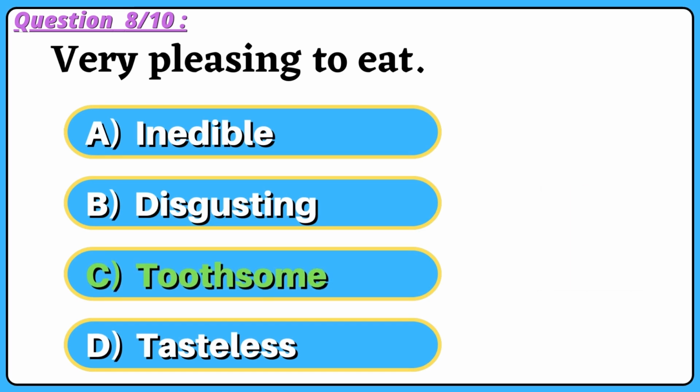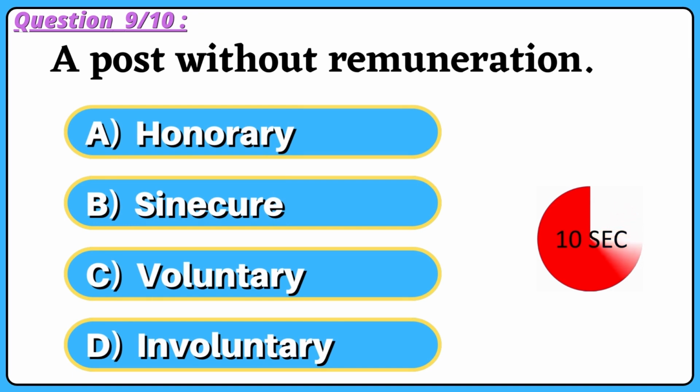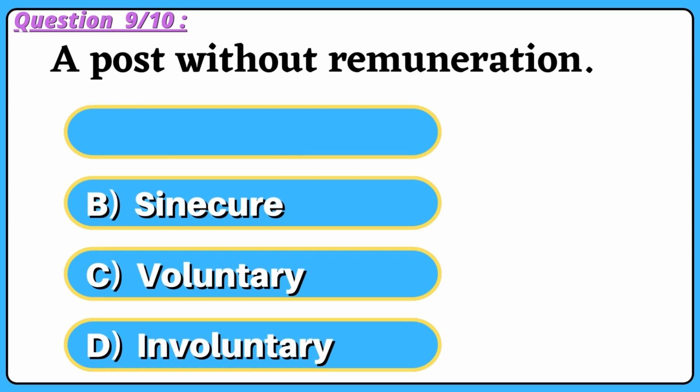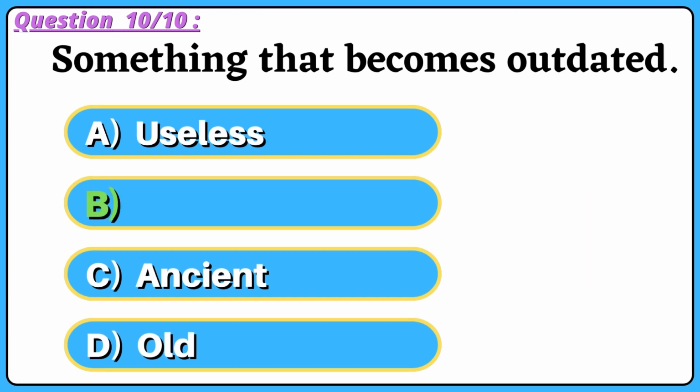Correct option is C. Toothsome. Correct option is A. Honorary. Correct option is B. Obsolete.